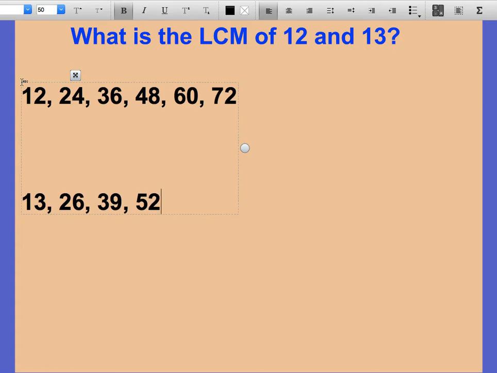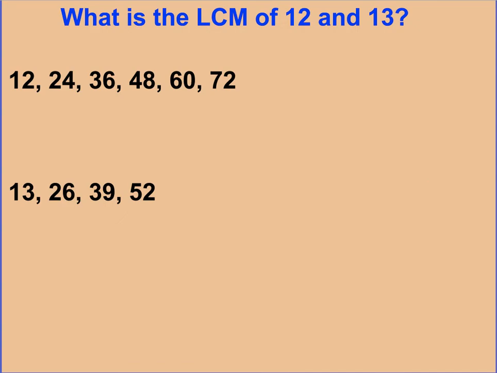Okay, so do we have anything in common yet? Let's go ahead and start looking at these. I have 12. I do not have a 12 down here. We have 24. There is not a 24 down there. 36, there's not a 36 there. Let's look at 48. There is no 48 down here.